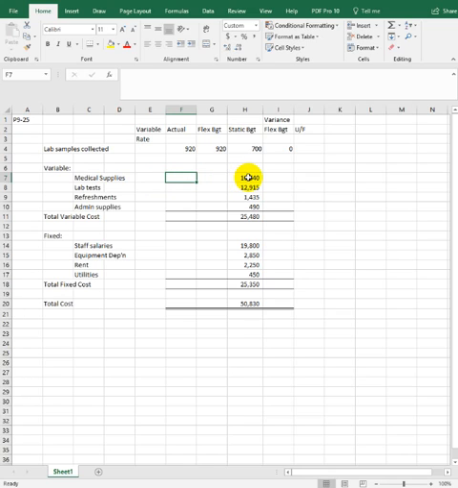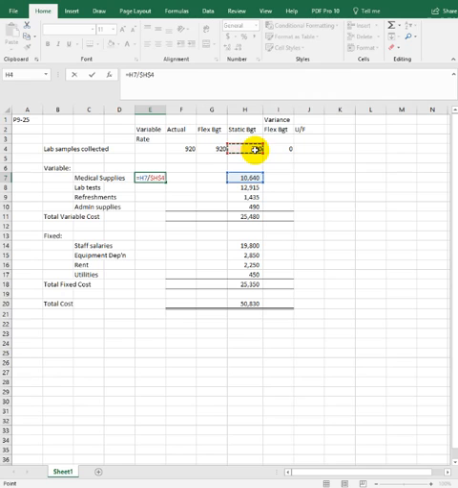So the rate is going to be the static budget amount, divided by the static budget predicted level of activity. Now if we hit F4, doesn't actually change anything there, so let's try that.